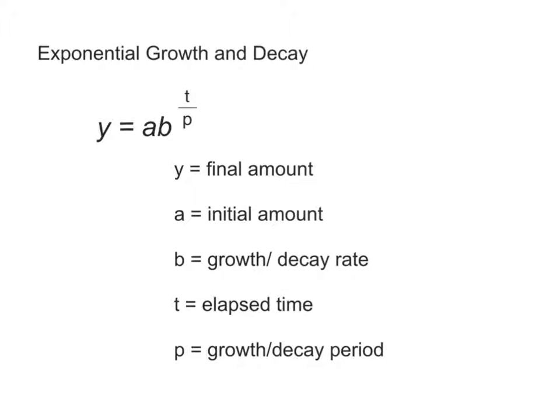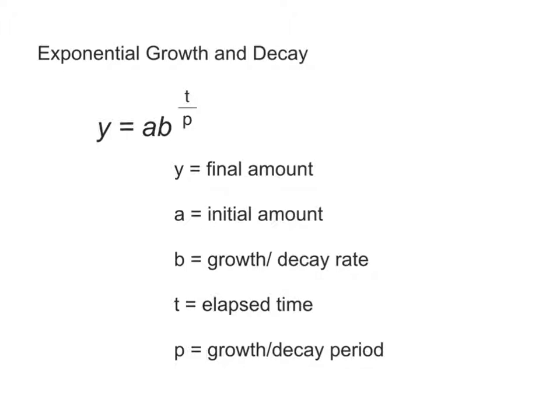A is the initial amount that you started with. So if you're talking about a bacteria culture growing, which follows exponential growth, A would be the number of bacteria that you started with, y would be the number that you end with.